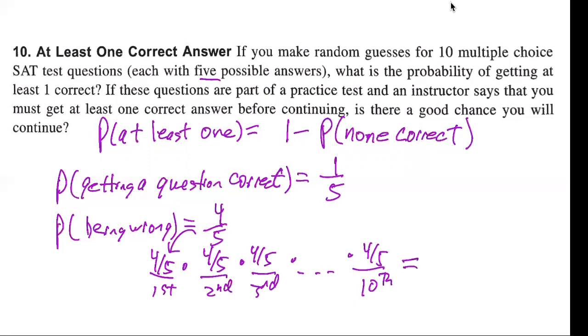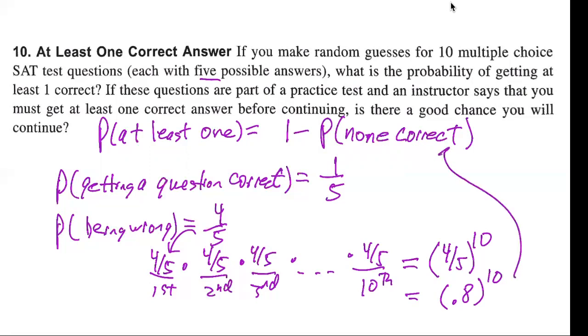Well, this is where exponents come in. We're doing 4/5 to the 10th power because we multiplied it 10 times. You probably converted to a decimal, so we've got this. This is what's going to go in there. That's the probability that we get none of them correct.